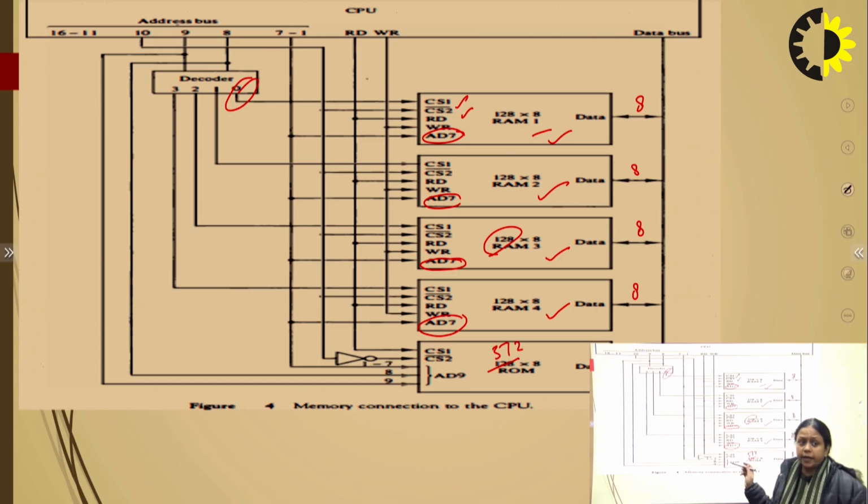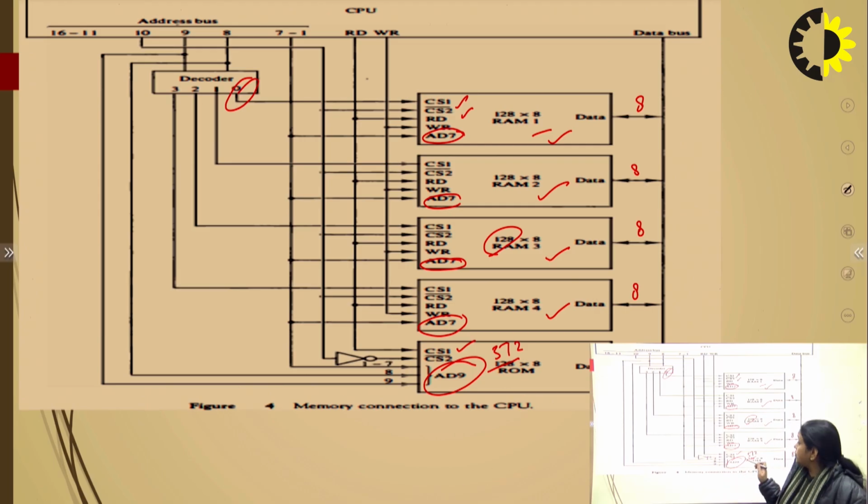Now for the ROM chip, you can see 9 address lines are used for the common lines, and only one CS1 is used, which is connected to read only, because there is no need of CS1 as we have only one ROM chip here. If we have more than one ROM chip, only then can we use a decoder or more address lines for the CS1 or for the particular ROM selection.